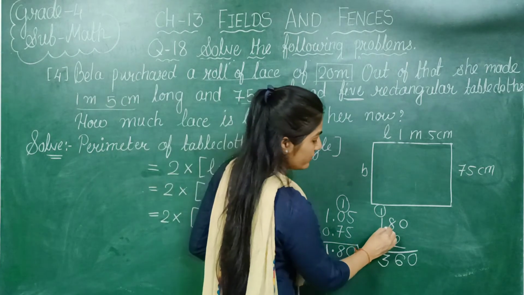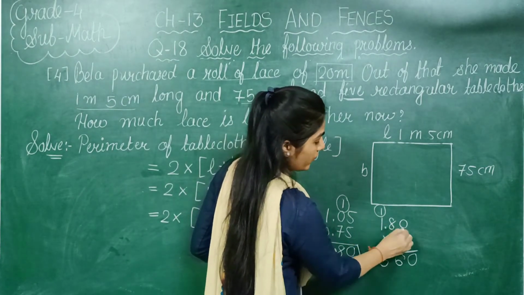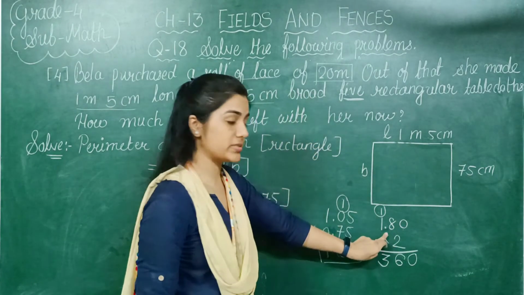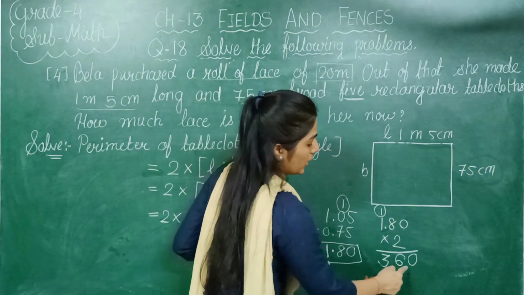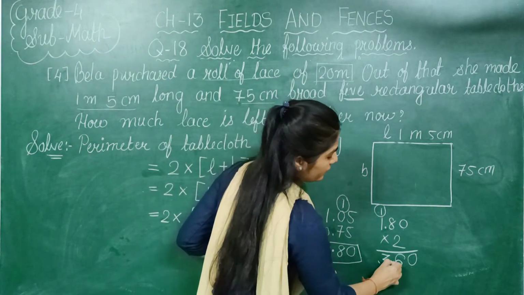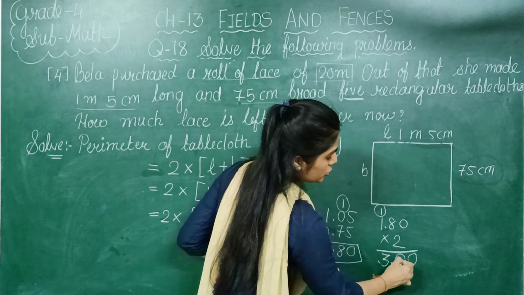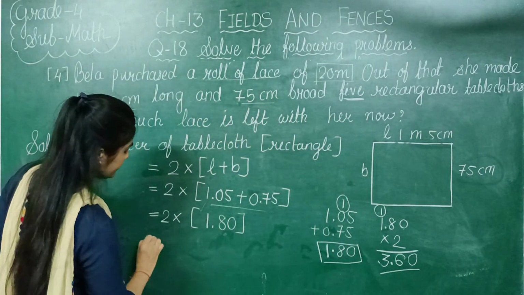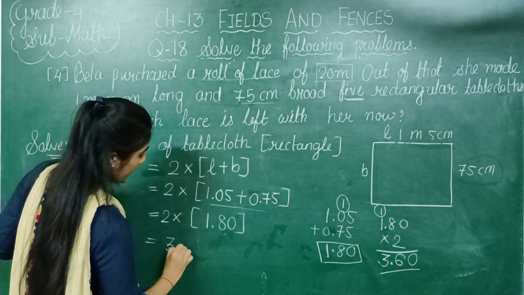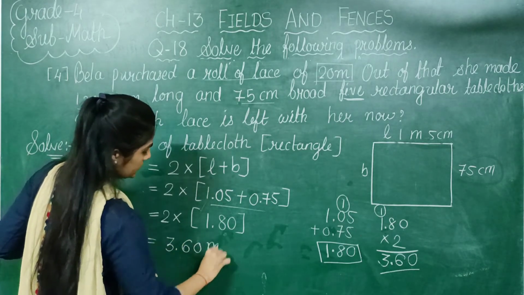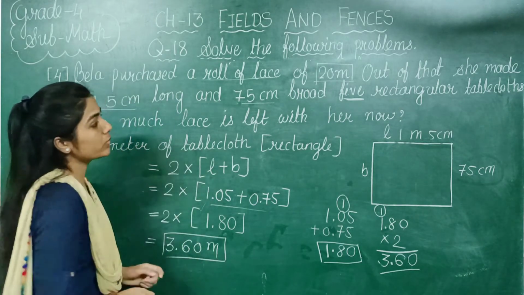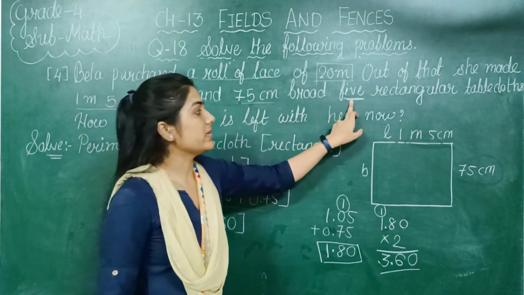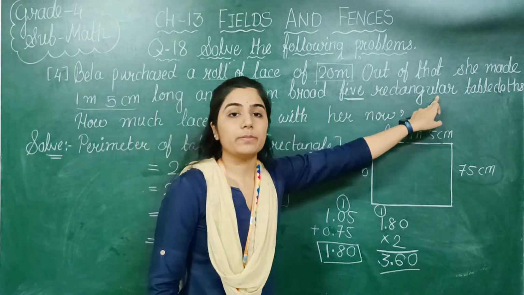See, before 2 digits this decimal point is given. So in the answer also you have to keep the point before these 2 digits. So the answer you are getting is 3.60.